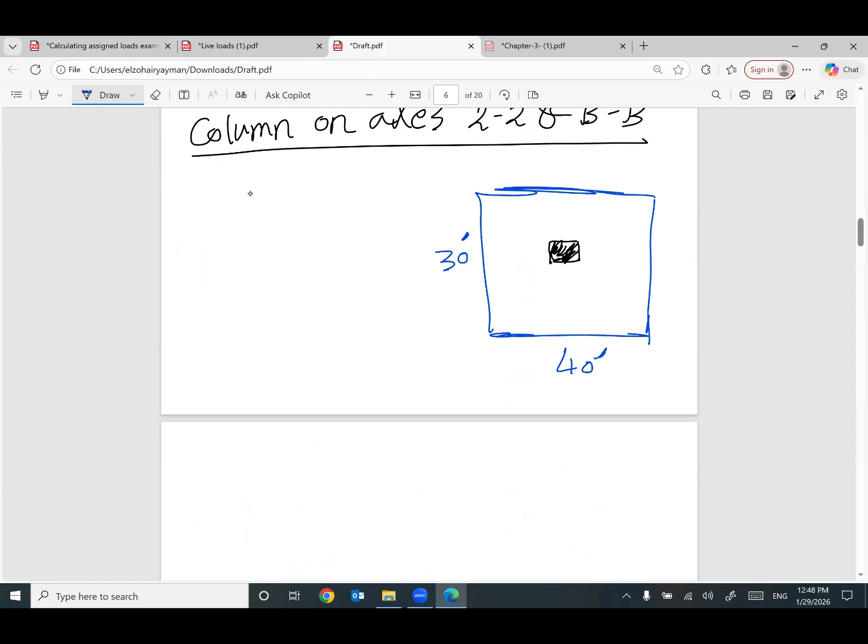So what is the total dead load from the floor to this column?